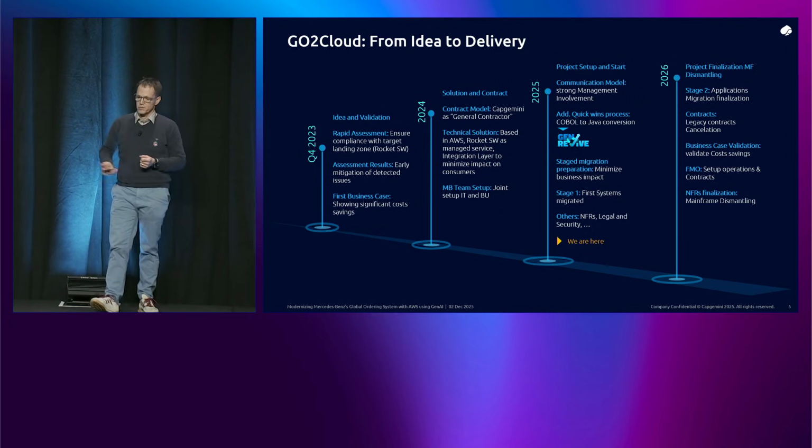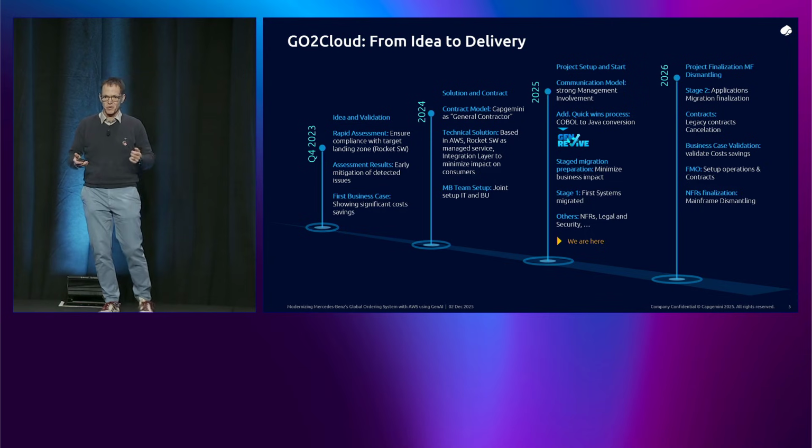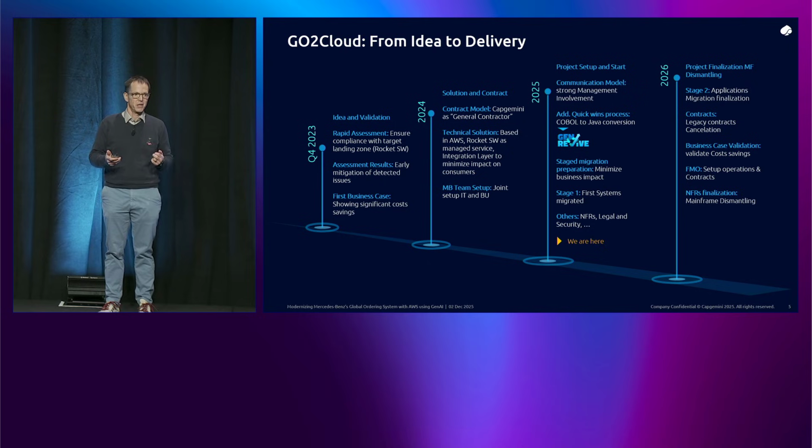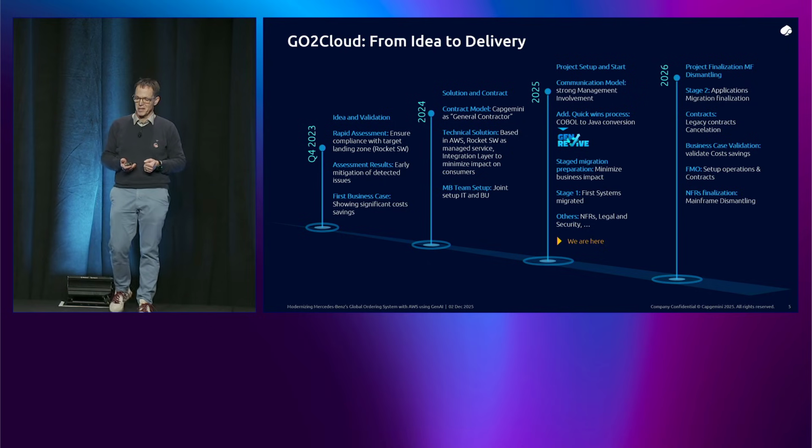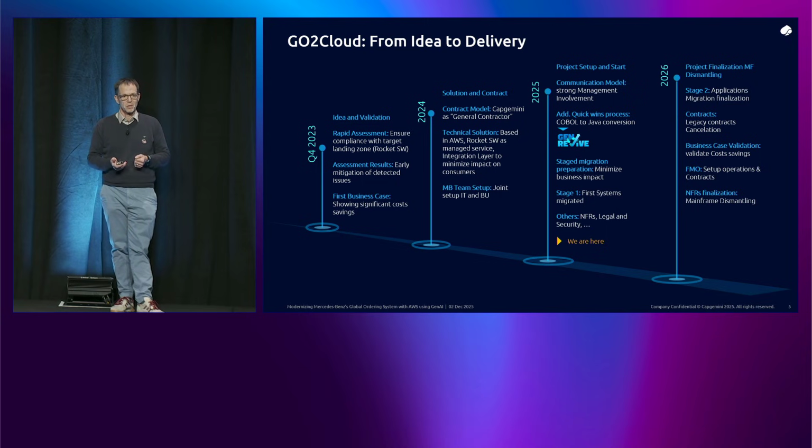But we chose for Capgemini to be our general contractor who manages for us the relationship between the other partners, namely AWS, of course, as the provider of the cloud platform, but also Rocket as being the one serving us with what they call the enterprise server, so the emulation for mainframe workloads on the cloud.